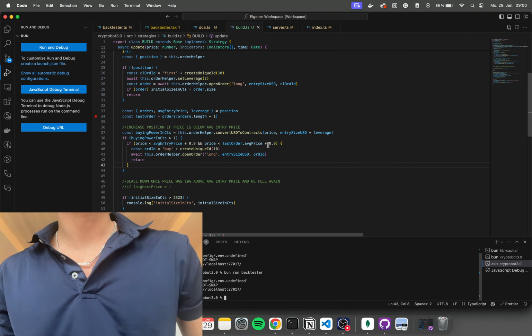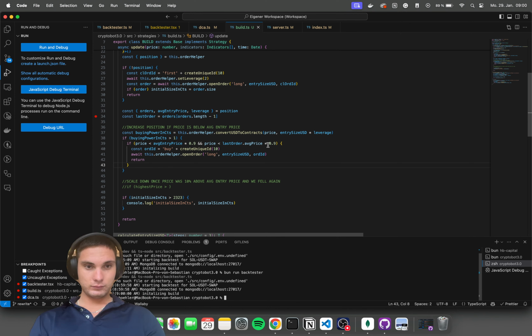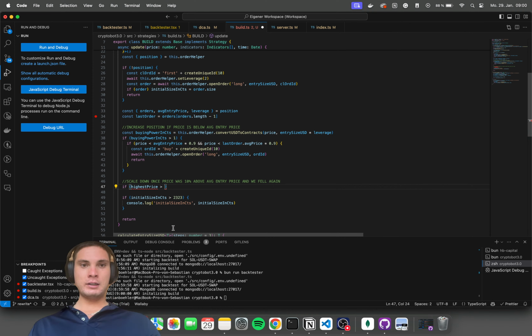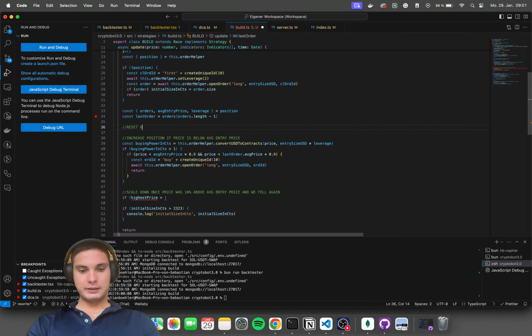So let's say here, no. If the highest price is more than... and I guess reset the highest price if the price is smaller than the average entry price.